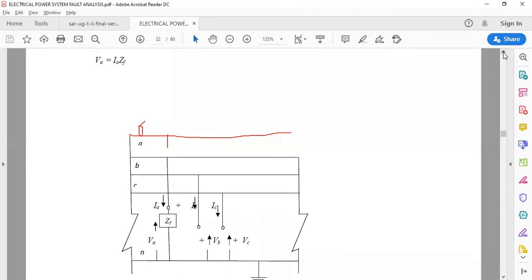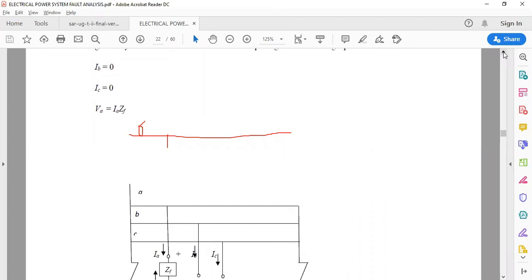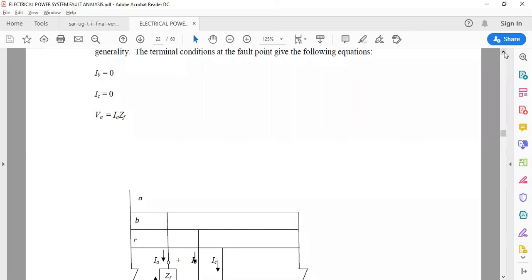Now let's try to define some conditions, maybe you can say boundary conditions or some important conditions, as far as line to ground fault is concerned. As we have already seen, the currents in the remaining phases, that is phase B and phase C, apart from the faulty phase, are equal to 0.